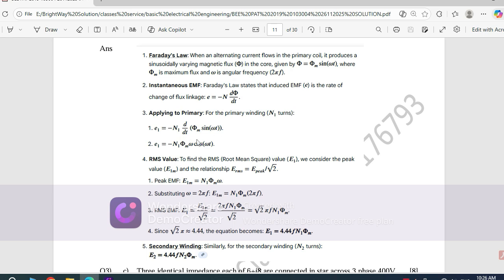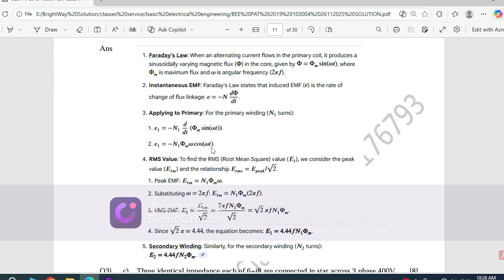Okay, just multiply it, so the formula becomes like this, and take the differentiation. Phi is a trigonometric function, represented as sine omega t. If we take the differentiation this way, we get cos omega t.